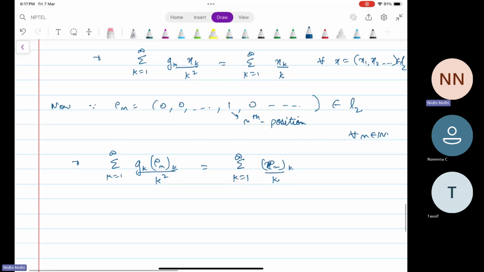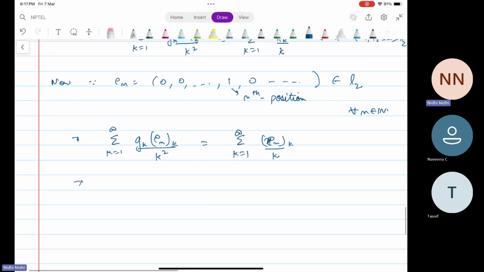Now, since en is 0 everywhere except for k equals n, the sum is gn by n square is equal to 1 by n.